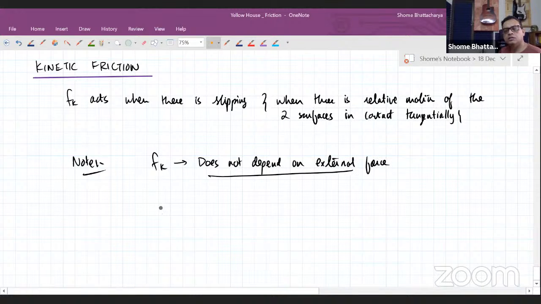The magnitude of kinetic friction is equal to another coefficient multiplied by normal reaction.